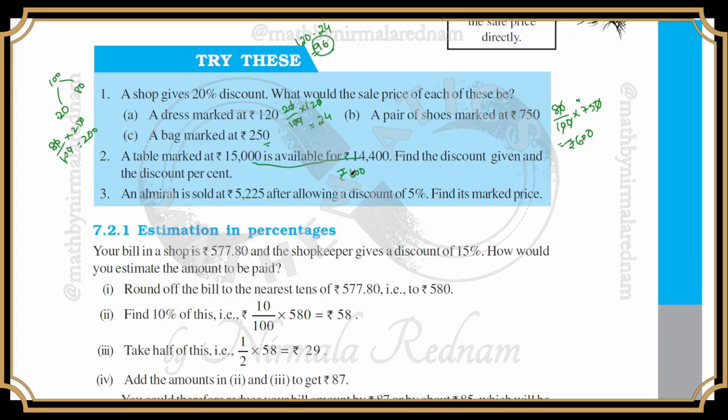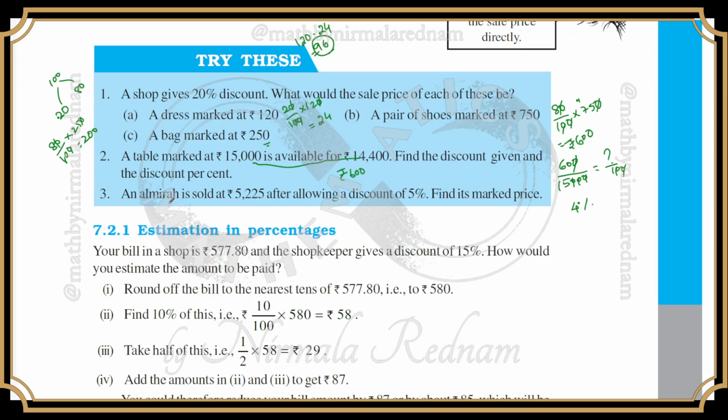So now you know that discount is given on the marked price, that is 600 by 15,000 is equal to, out of 100 how much, right? So you do the cross multiplication and you will get the answer as 4%. So my discount is a mere 4%.